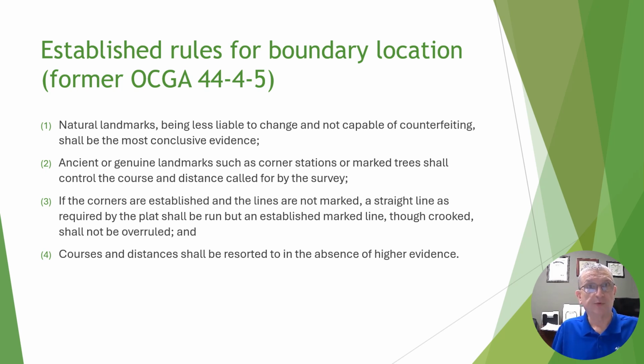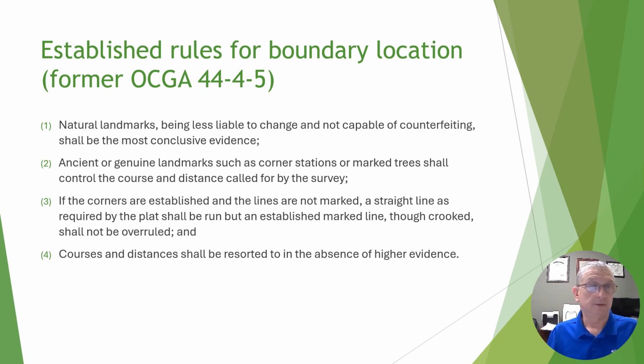So if you say that rebar is 0.67 west, and that's in context with the other pins, like there's a little bit of a bow in the old surveyor's line due to the equipment he was using or his adjustment method, etc. And that's an established marked line, that pipe there at that 1974 lot corner that you're disregarding. Well, number 3 right here is going to be what shuts the door in your face. An established marked line, though crooked, shall not be overruled.